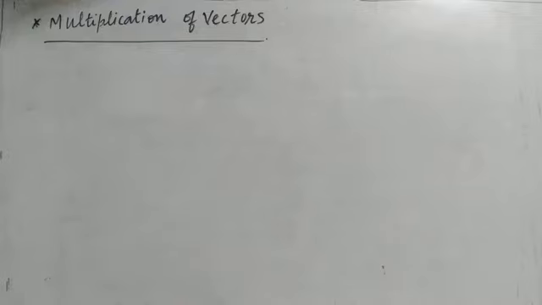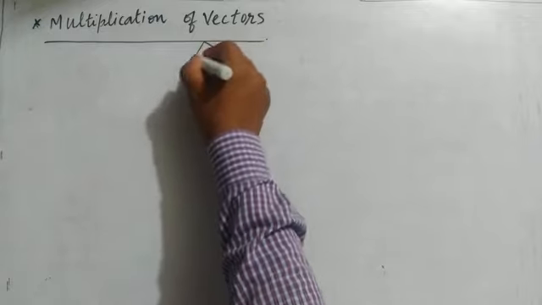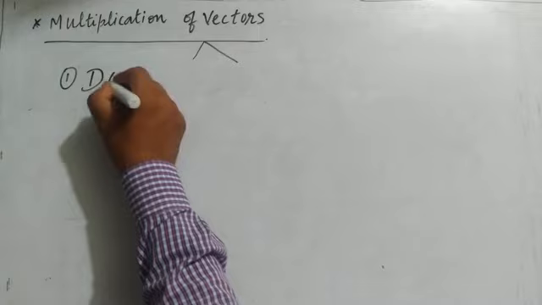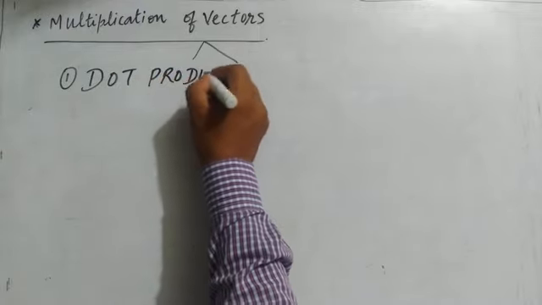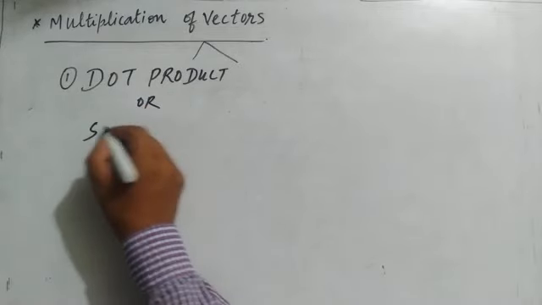Today we are going to start a new topic, that is multiplication of vectors. Now there are two types of multiplication of vectors. Number one is a dot product, or it is called scalar product.